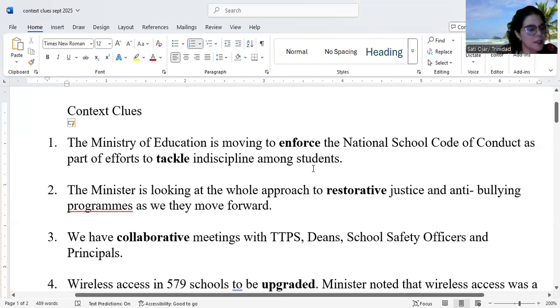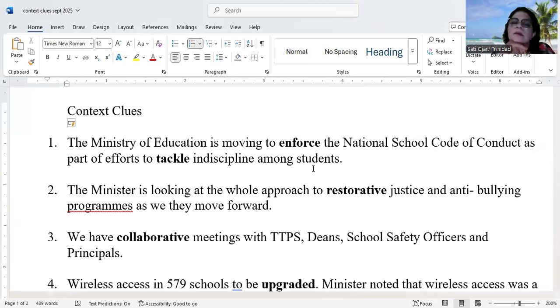Anybody would like to suggest, using context clues, a meaning for any of these two words, enforce and tackle? What is indiscipline? People who behave are not disciplined. Bad behavior.